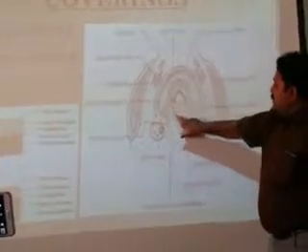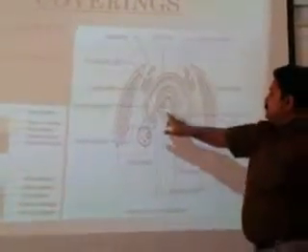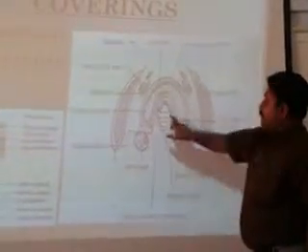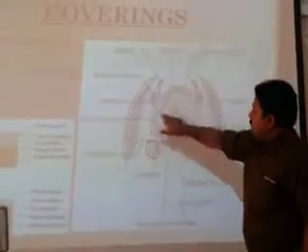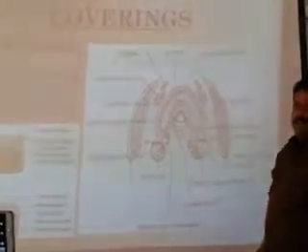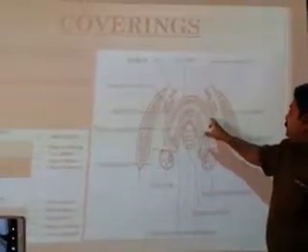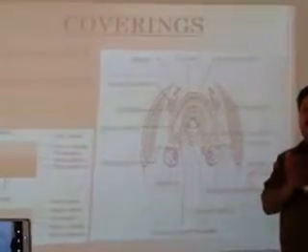Here, what is this? Esophagus. Okay, and here is the trachea, esophagus, and this is the thyroid gland. Okay, so it is having true capsule and false capsule. Just coverings of the thyroid gland.